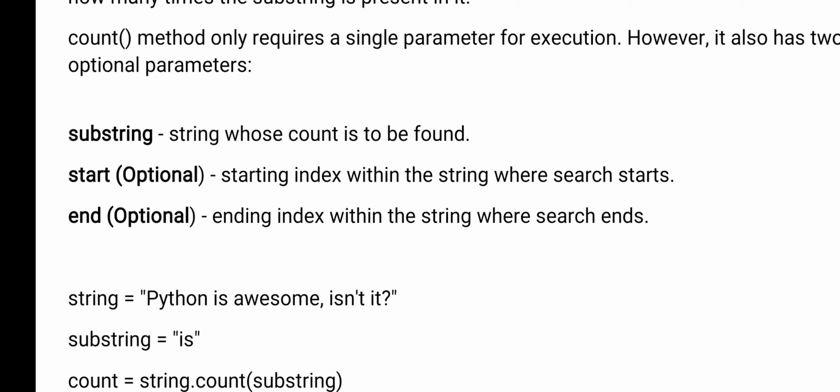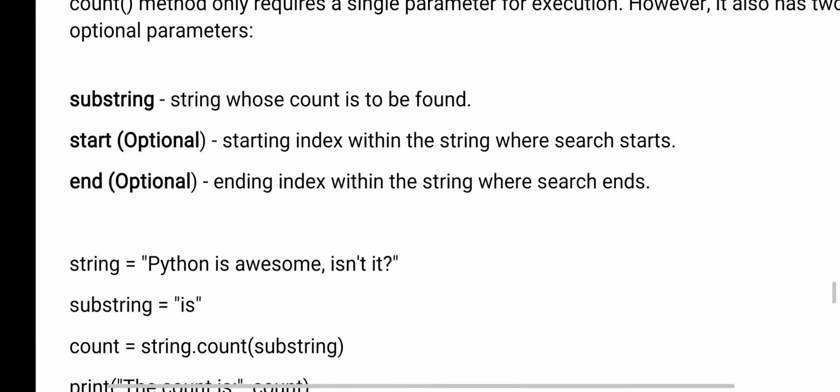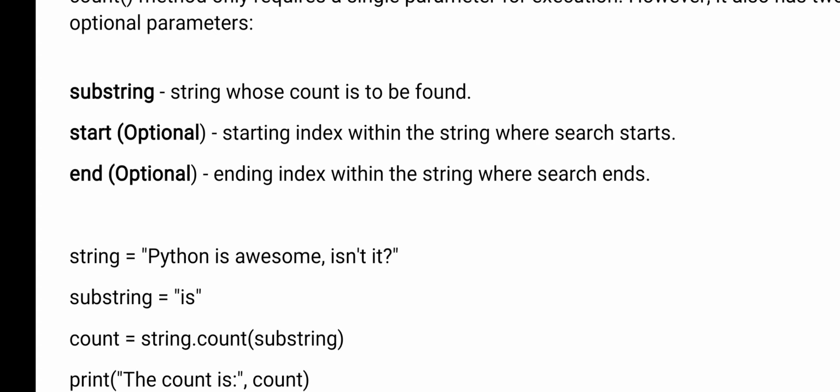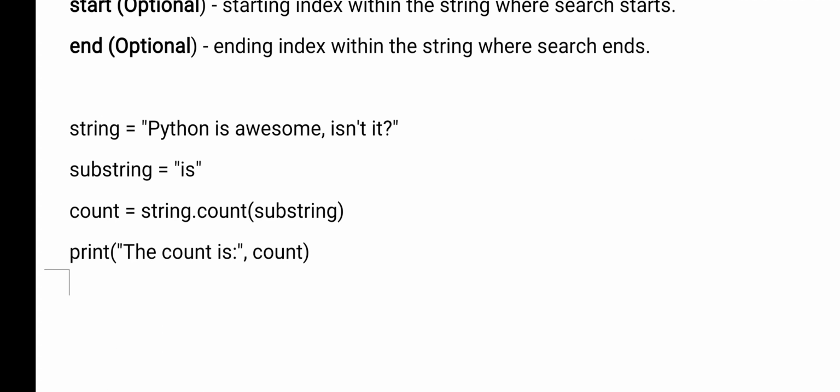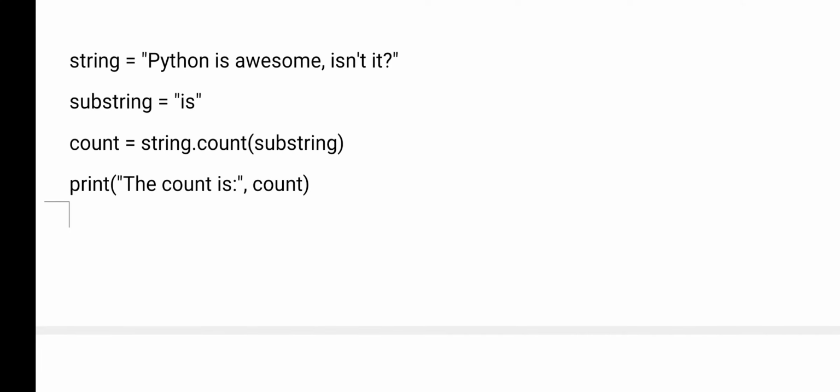Now the count method requires only one parameter, that is whatever substring you are searching. You see the syntax here. Substring is the one whose count is to be found; start is optional, end is optional. Now here I have given an example program. The string is 'Python is awesome, isn't it?' and the substring you want to search is 'is'.